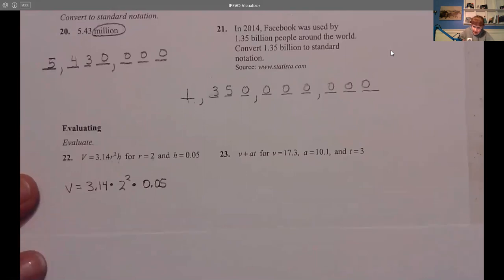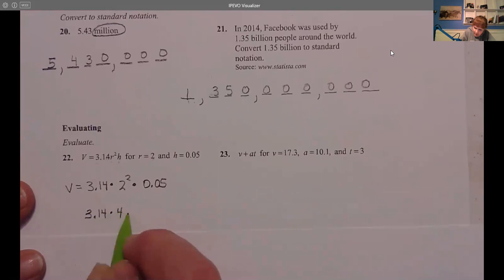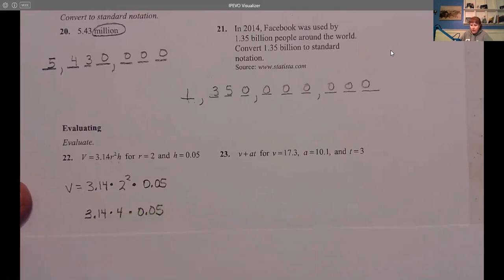So doing that, 3.14 times 4 times 0.05. When you're multiplying these together, the order doesn't matter. If you wanted to, you could take the 3.14 times 0.05 and that answer times 4. Or you can multiply these two together and that answer times here. Or you could even use your calculator multiplying these numbers together.